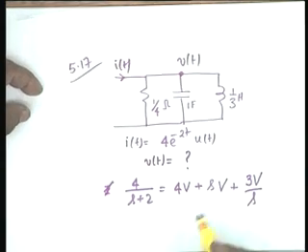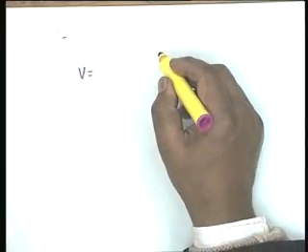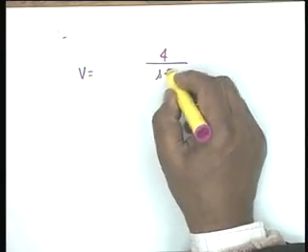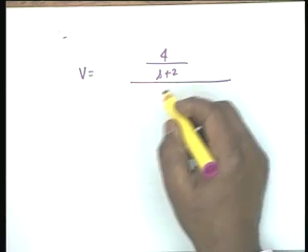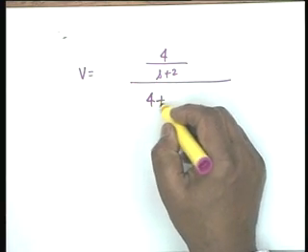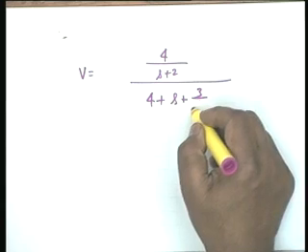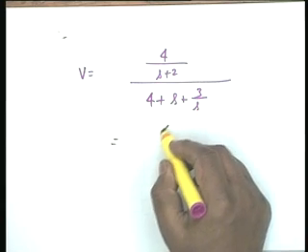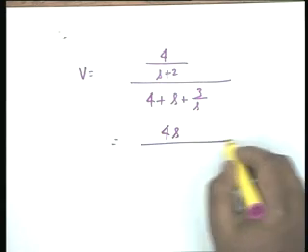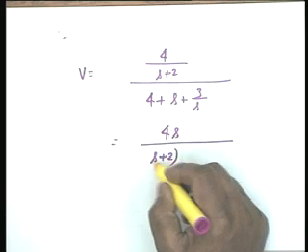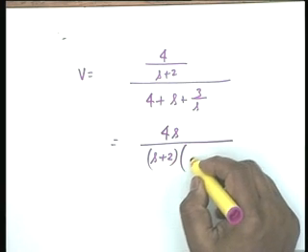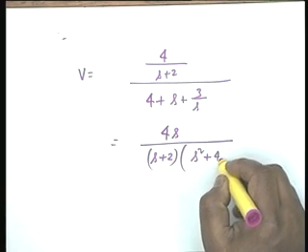Now if I collect the terms in capital V, then I get capital V equal to 4 divided by s plus 2, divided by 4 plus s plus 3 by s, which I can write as 4s divided by s plus 2, multiplied by s squared plus 4s plus 3.